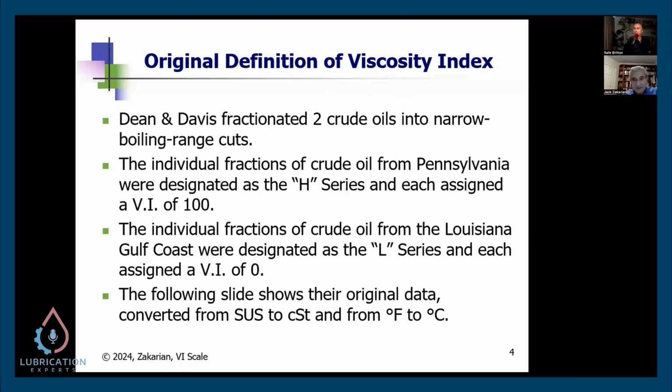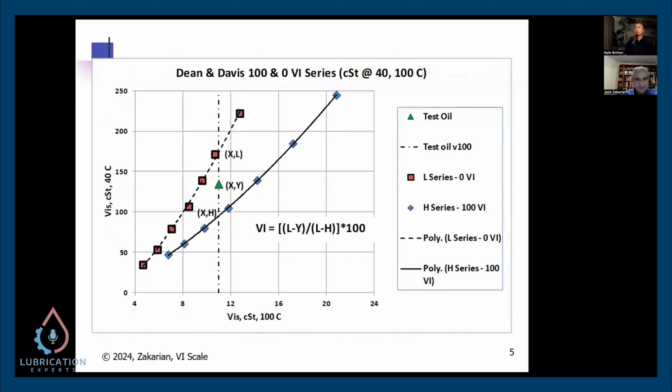So what I'm going to show on the next slide is I took the original data, which was in Saybolt universal viscosity seconds and degrees Fahrenheit, and I converted it to modern units. And this shows how VI is calculated. So if you can see my cursor, X is the oil, XY, those are the points we want to calculate VI for.